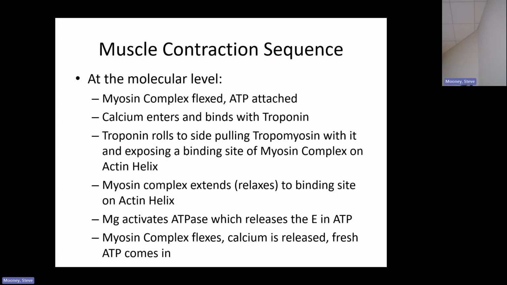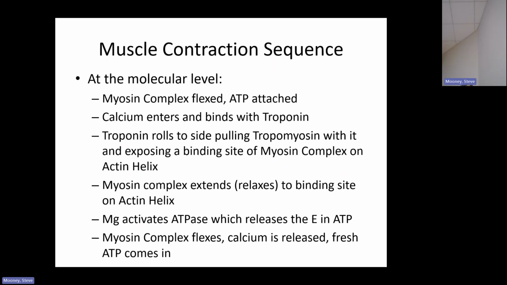Calcium comes in. What does that do? Provides our binding sites. Opens things up. Then what happens? ATP attaches, releases its energy into that head. Then what does that head do? Reaches to the next spot and contracts, right?